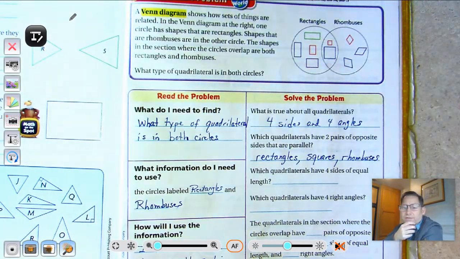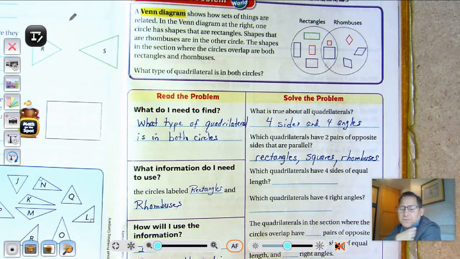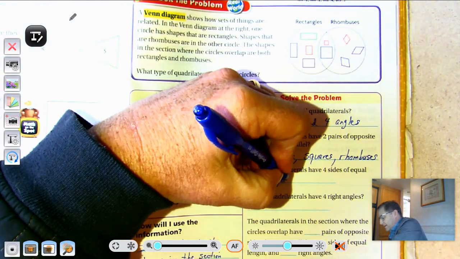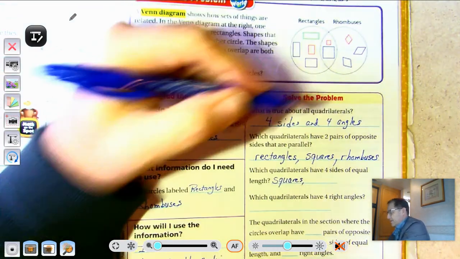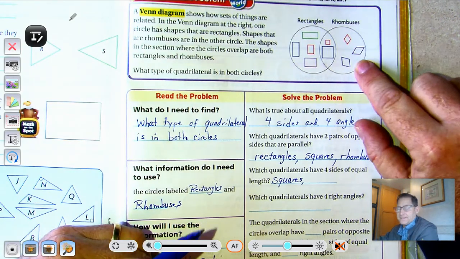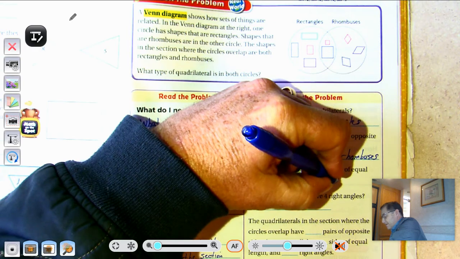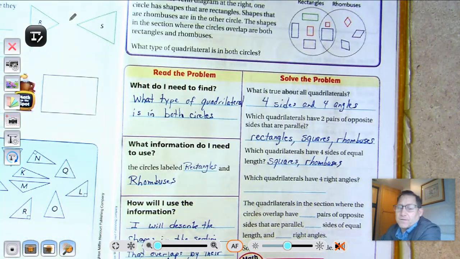Okay, so all three of those shapes have two pairs of opposite sides that are parallel. All right, now, which quadrilaterals have four sides of equal length? Okay, so this is a little more specific, right? We know that squares have four sides of equal length, and all of these rhombuses have four sides of equal length. In fact, they have to have four equal sides in order to be considered a rhombus.